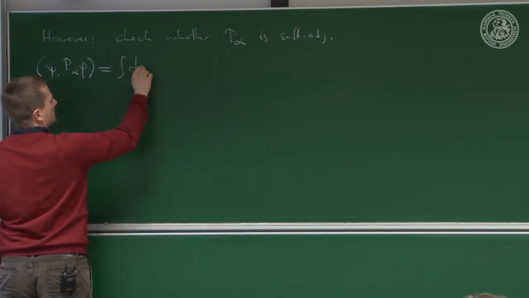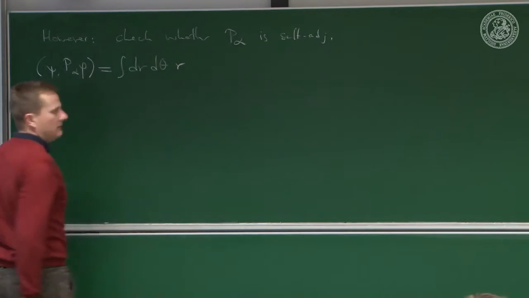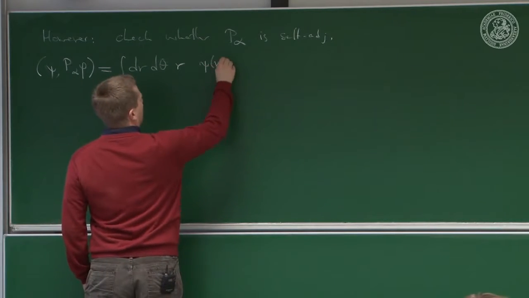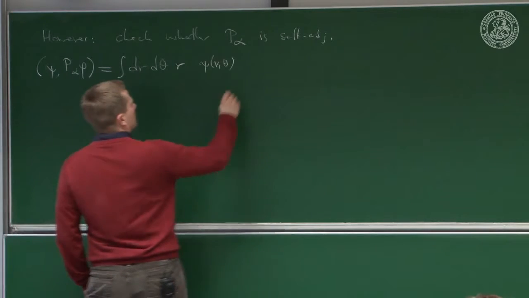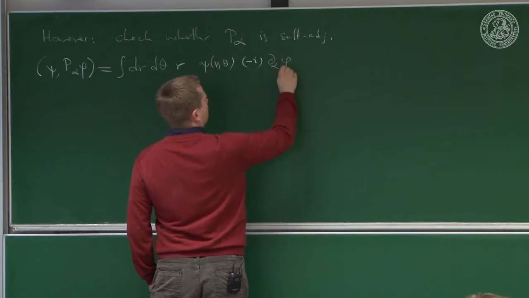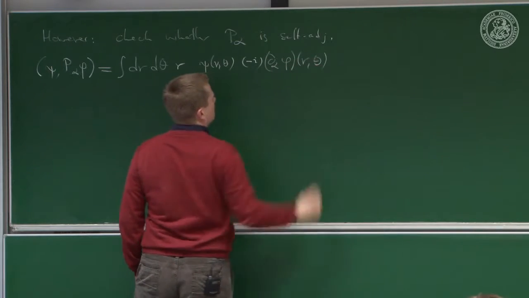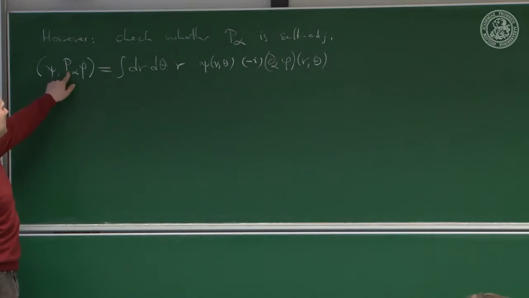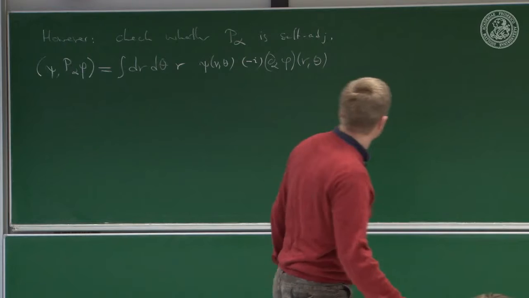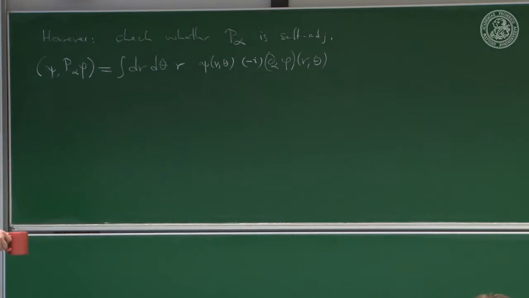This is the integral dr d theta r, that's our volume form. Then we have a psi of r and theta, and a minus i del alpha phi of r and theta. And this P alpha already proved its worth by satisfying the commutation relations with the r and the theta as the coordinates.